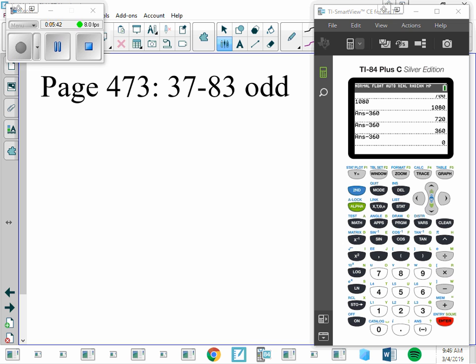What about the cosecant of 810 minus the cotangent of negative 630?